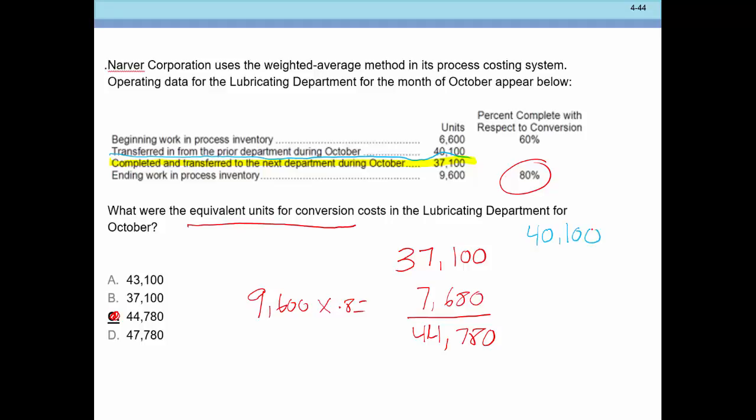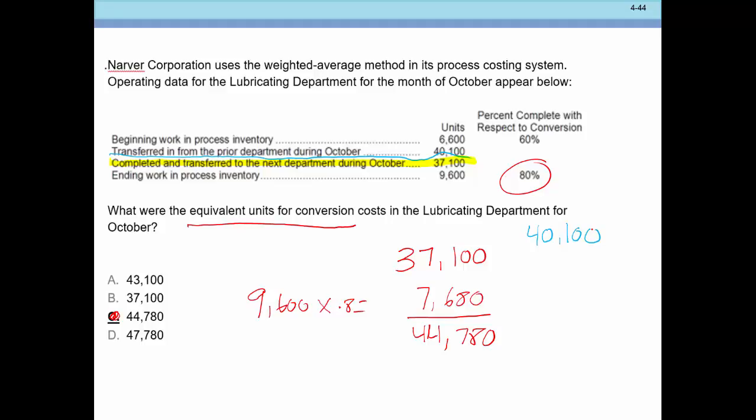Then I look at that and I say, are those 9,600 units done? They are? Then why are they in ending work in progress? By definition, they are not done. They're in progress, aren't they? So there's 9,600 that I know I didn't finish.